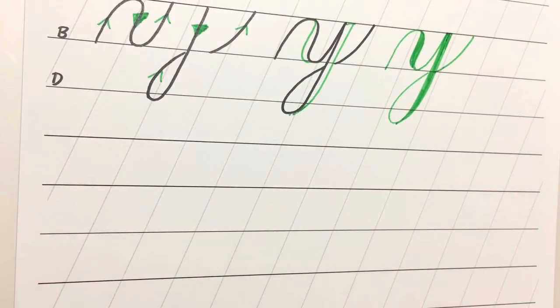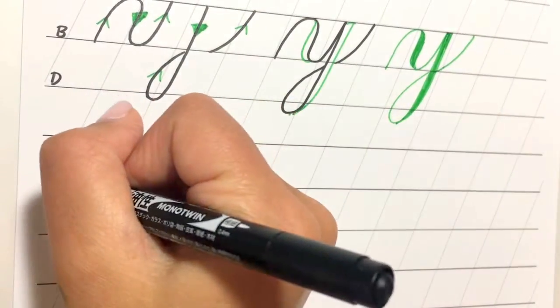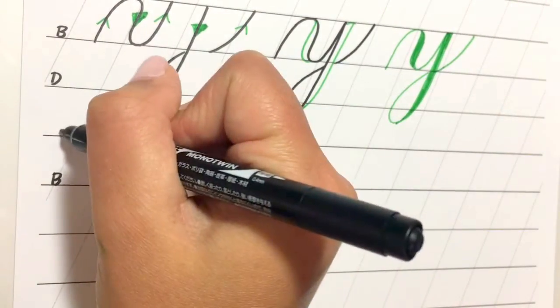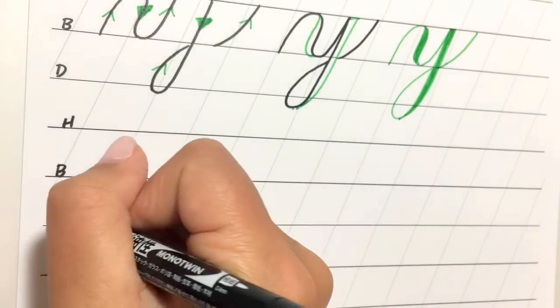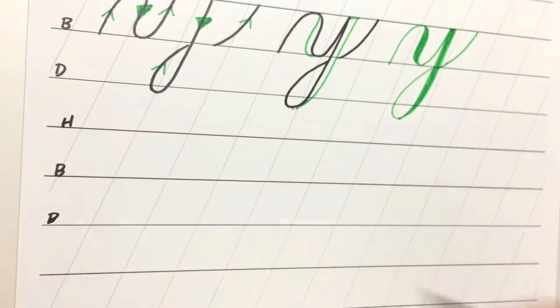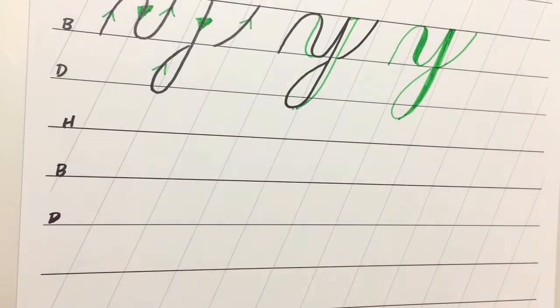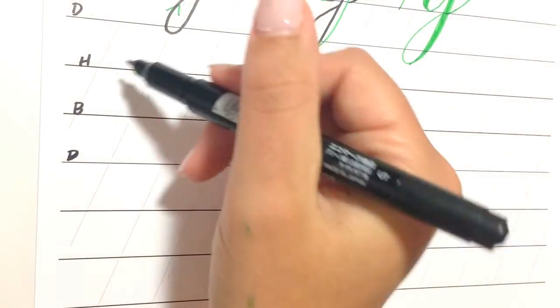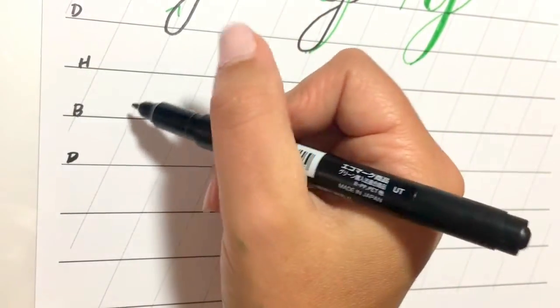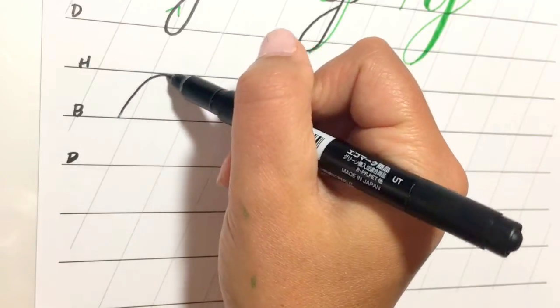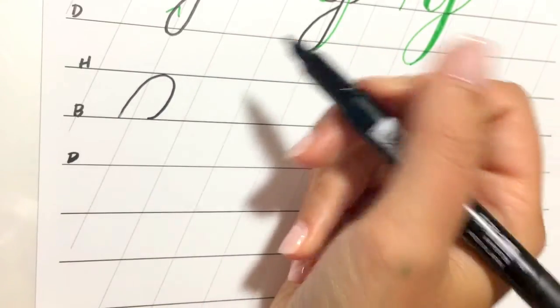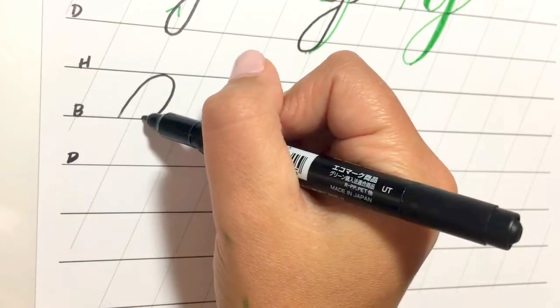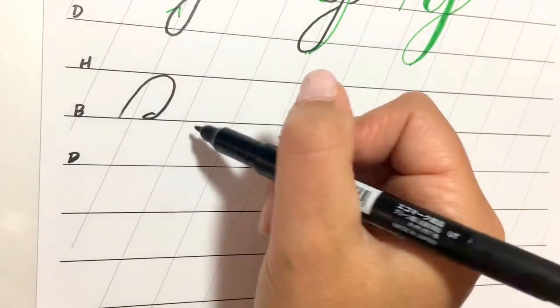You ready for the last letter? Baseline, header line, and descender. I'm going to show you two ways. And the first way starts with this overturn shape, and then it actually has a little bit of a loop at the end.